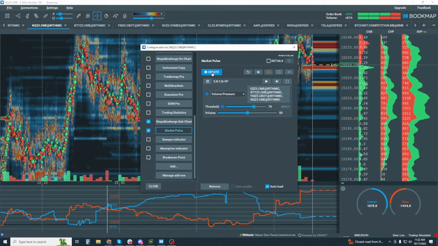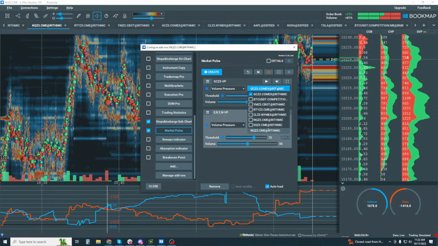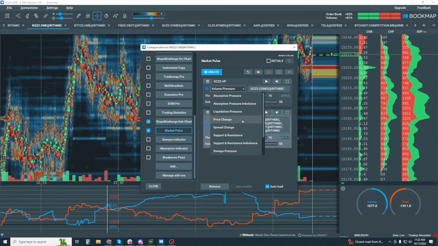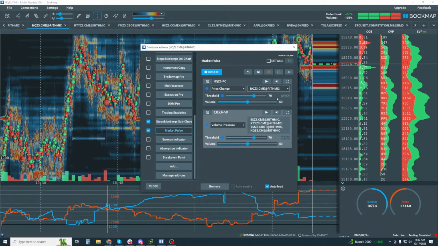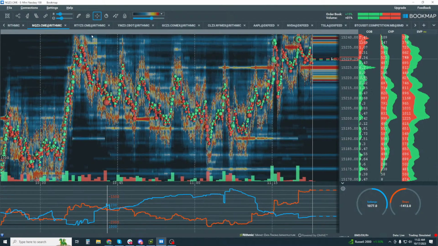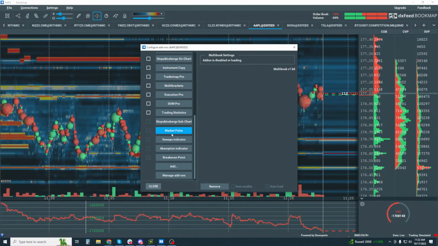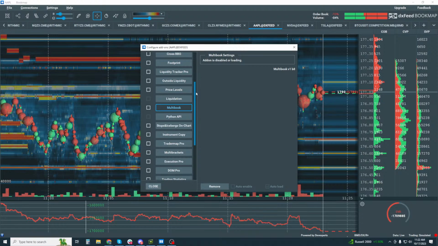All right, let's just get rid of it. Let's create a new one. Volume pressure. That's weird. Price change. How about price change? Try something else in here. Market Pulse.